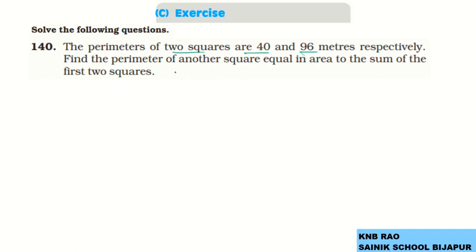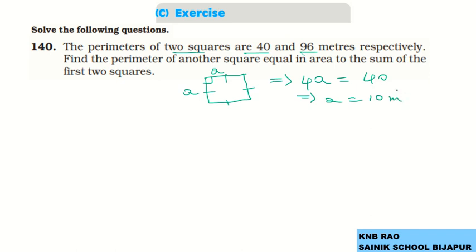So let us assume we have a square with side A. It implies the perimeter is 40, so the side of it is 10 meters.